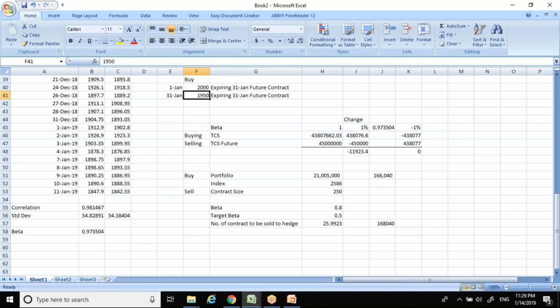Now you have to close your position. Either you close it, otherwise the exchange will settle it for cash. They will do the marking to market for the day and profit or losses will be posted into your account.